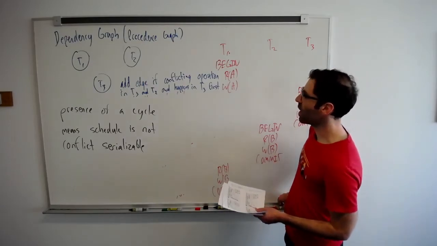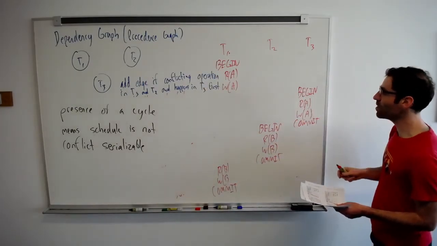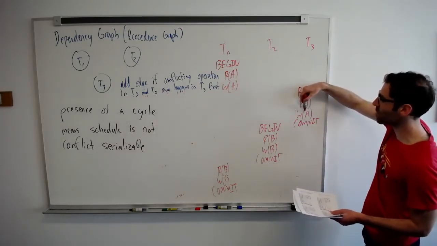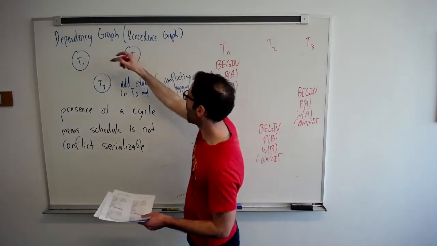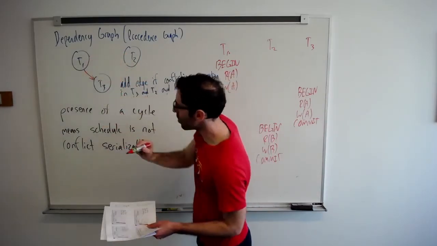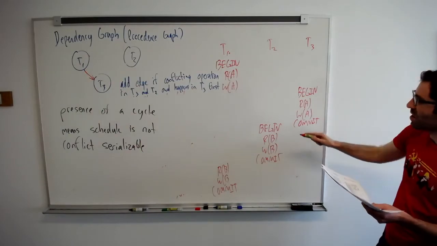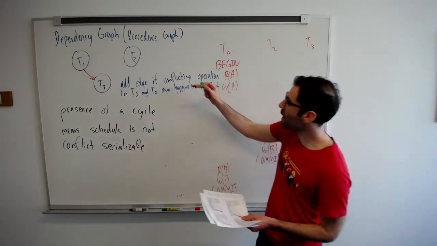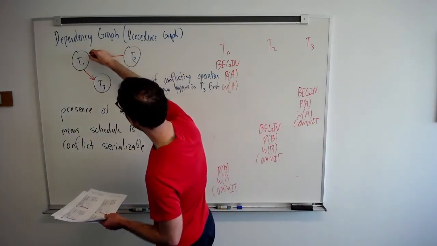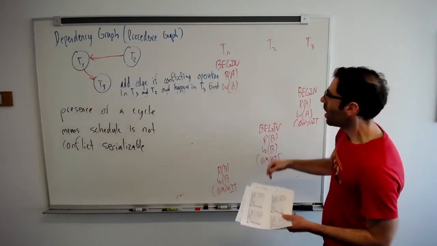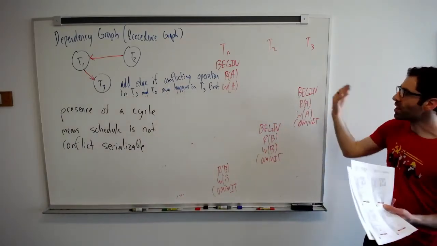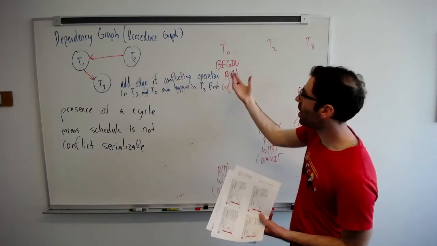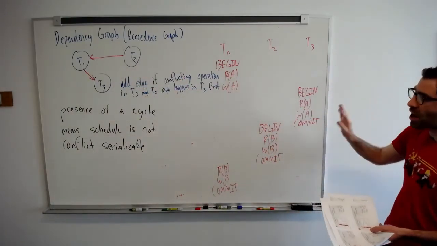And so if we build up the dependency graph for this, we see that T1 and T3 have these conflicting operations on A, and T1 happens first, so we'll draw an arrow from T1 to T3. We then see that T1 and T2 have conflicting operations on B, where T2 happens first, so we'll draw an arrow there. And that is all of our conflicting operations, and our dependency graph does not have a cycle, meaning that this schedule is conflict serializable.